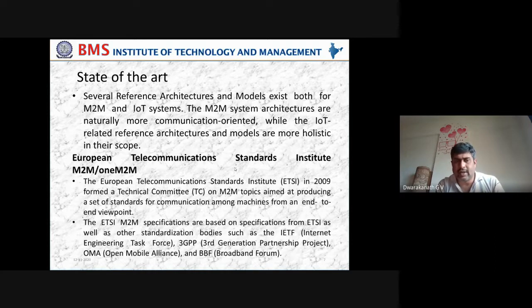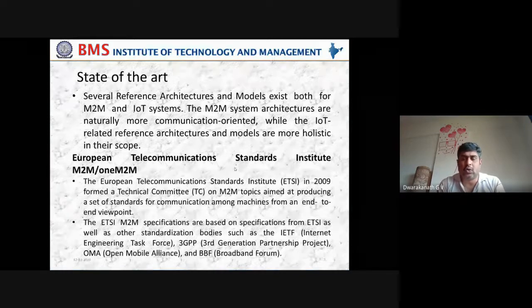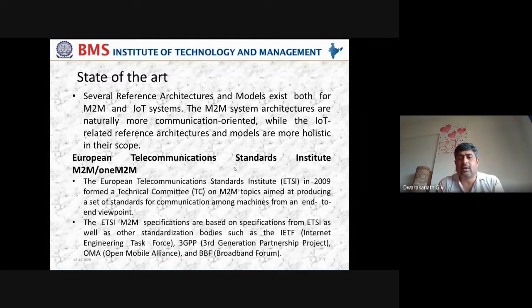The next thing is that the ETSI M2M specifications are based on specifications from ETSI as well as other standardization bodies such as IETF, the Internet Engineering Task Force. They have taken their own and borrowed from other bodies also. IETF means your TCP/IP, your internet things, everything will be given from them.